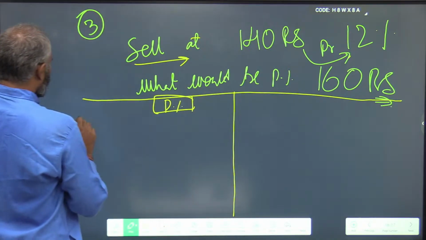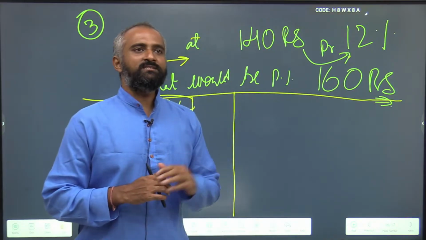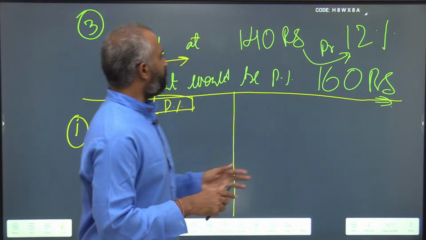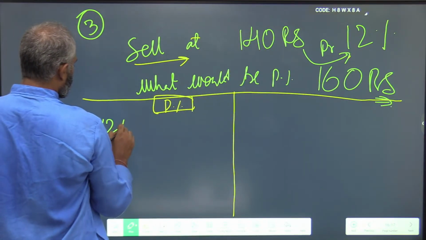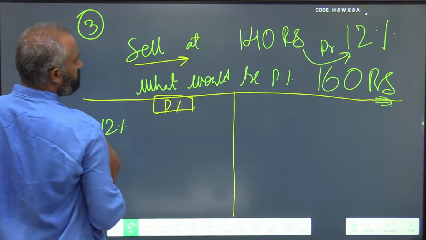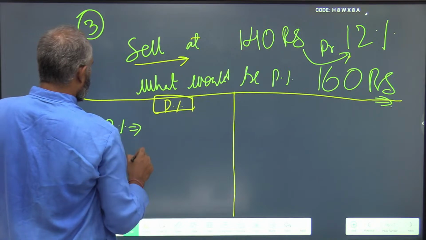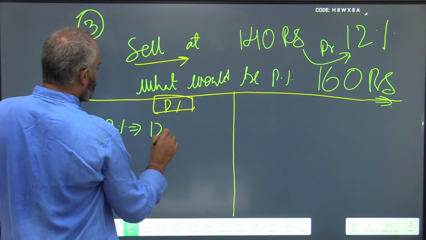He has given us two SPs, two selling prices, but that means the cost price must be the same, right? So first find out the cost price. So 12% profit.